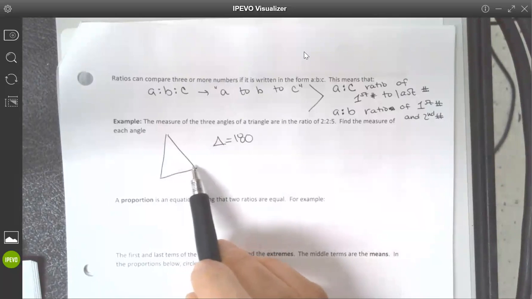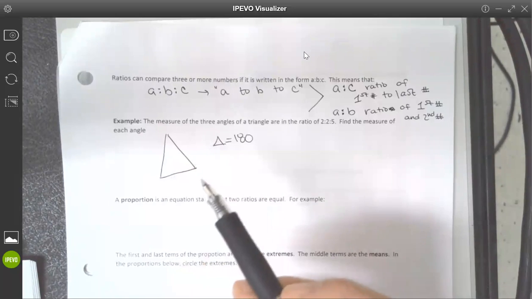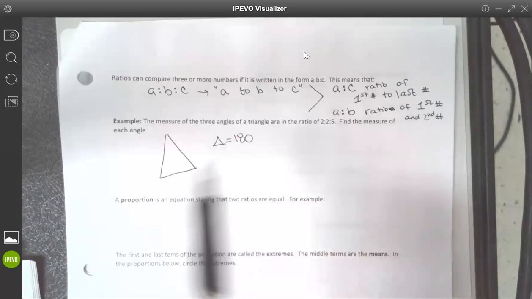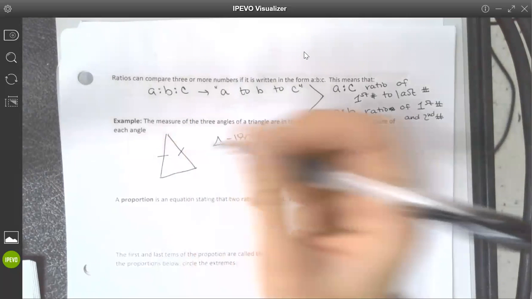So if I look at two angles, 2 to 2, which 2 to 2 would reduce to what? If I looked at just the first two numbers, 2 to 2 would reduce to 1 to 1, or those two angles must be the same angle, right? So I have two angles that are the same, or in other words, I'm looking at an isosceles triangle.